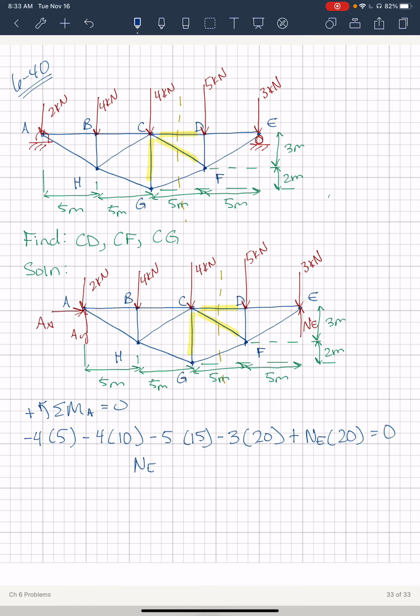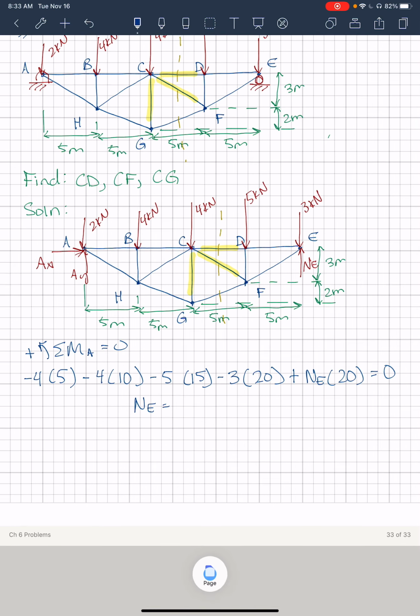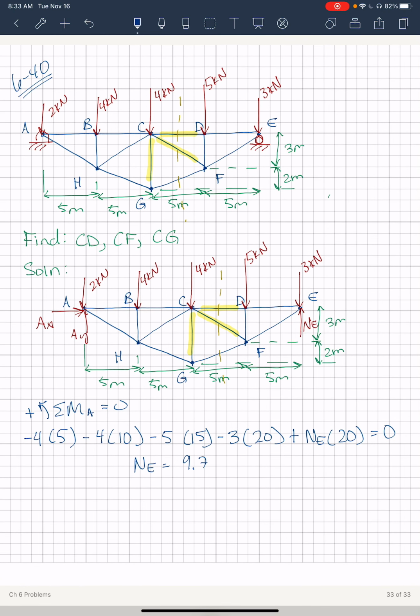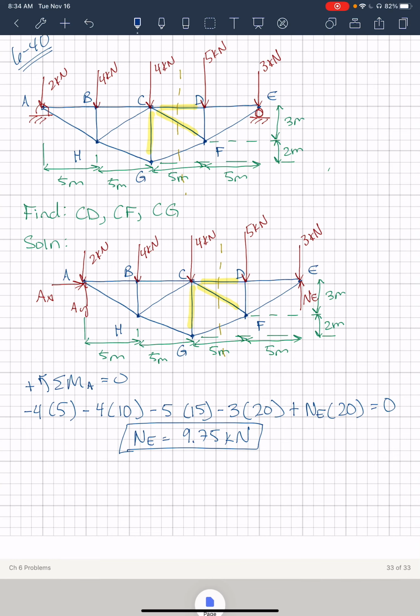And so then we get an NE equal to 9.75 kilonewtons. And that would be pointed up to get a positive.